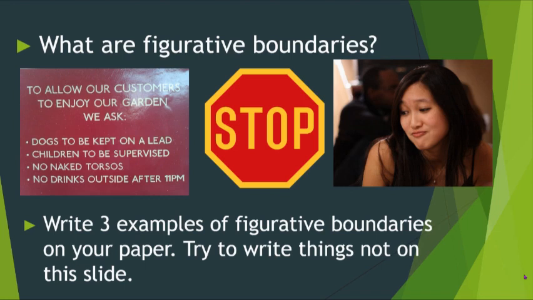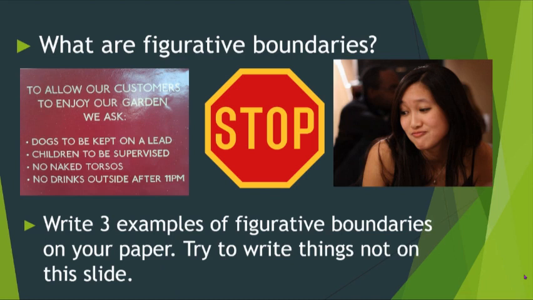So rules and expectations from your parents, your teachers, the other people around you. Social norms are great examples of figurative boundaries. While we don't say it out loud, it is unacceptable to stand up and dance on the table in the middle of class.